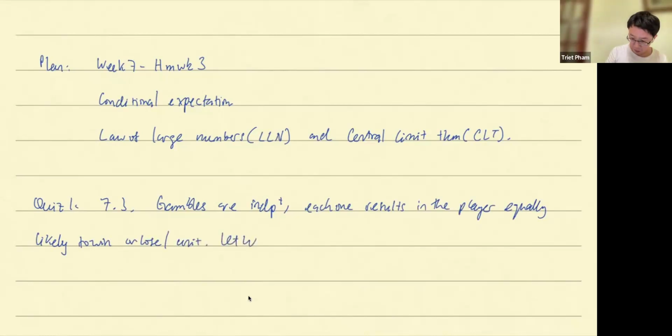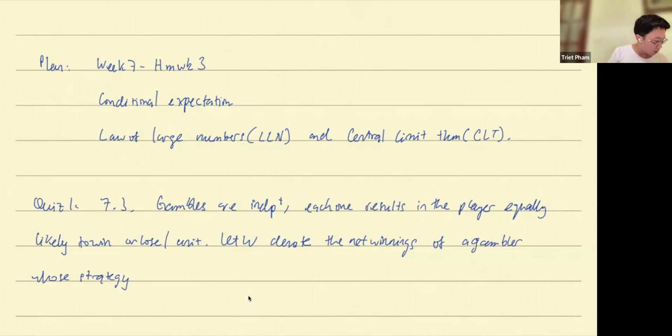Let W denote the net winnings of a gambler whose strategy is to stop gambling immediately after the first win.